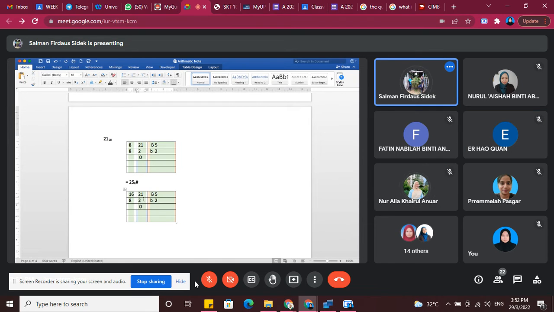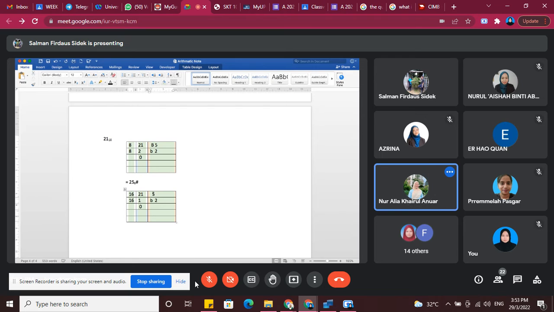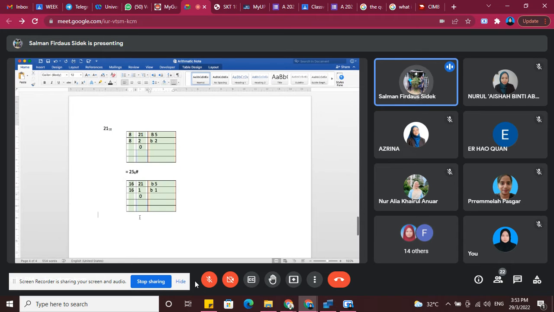So we got 1, balance 5. Okay, kemudian 1 bahagi 16, kosong, balance 1. So in hexadecimal, your age is 15.